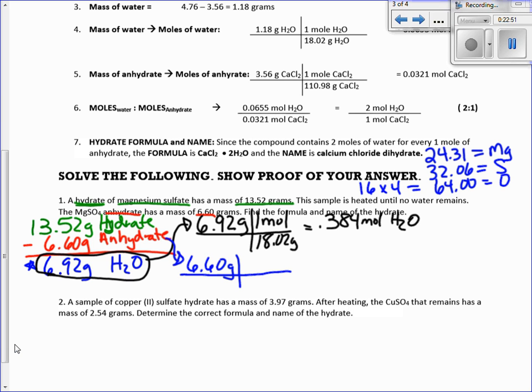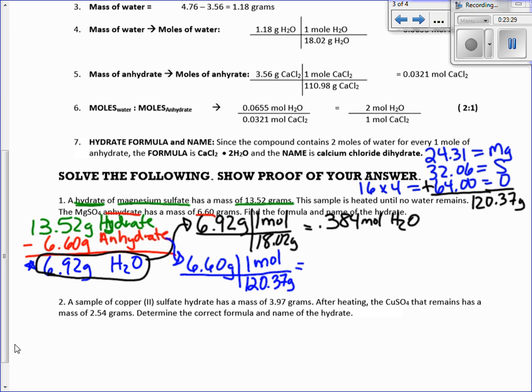So if I add all that up, I get my molar mass of the magnesium sulfate, which is 120.37 grams. So I'm going to stick that 120.37 grams down here and put the 1 mole on the top. And now I'm going to figure out my moles of the magnesium sulfate crystals without the water.